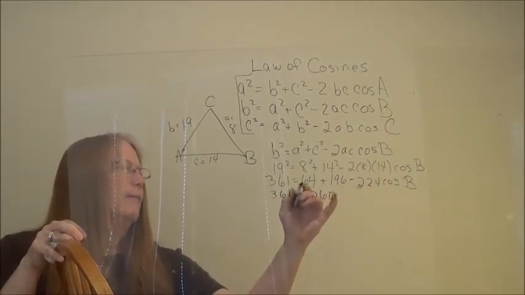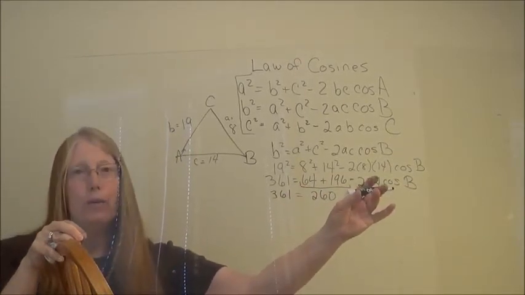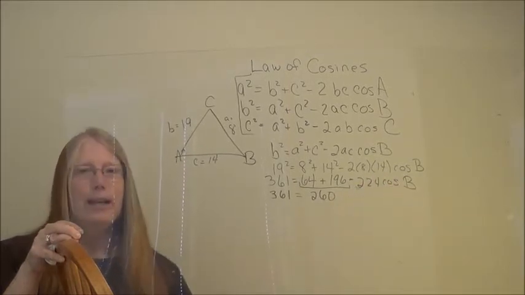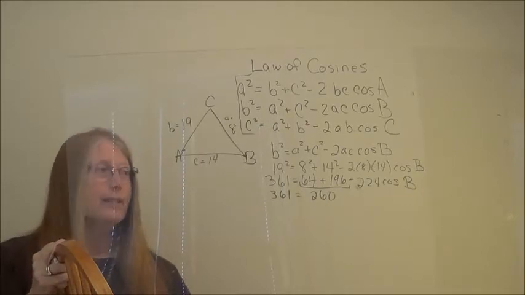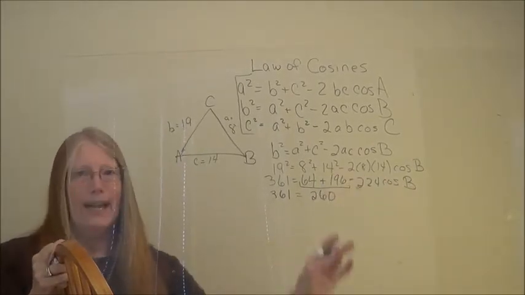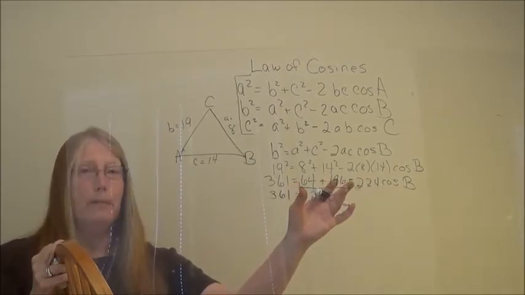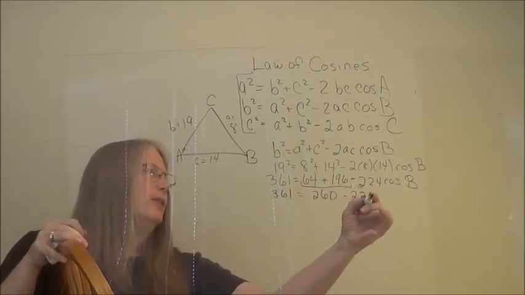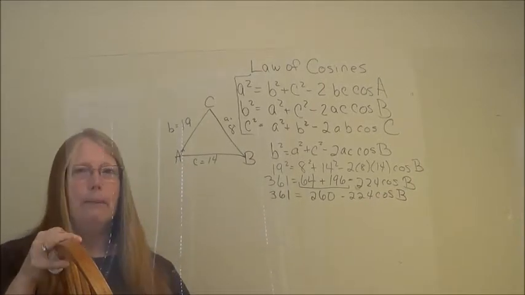These cannot be combined at this time because this negative 224 is glued with a heavy glue to the cosine of B by the order of operations. This multiplication is stronger than this subtraction. So we cannot combine the 224 with these numbers at this time. The 224 still stays in its place, glued to the cosine B.